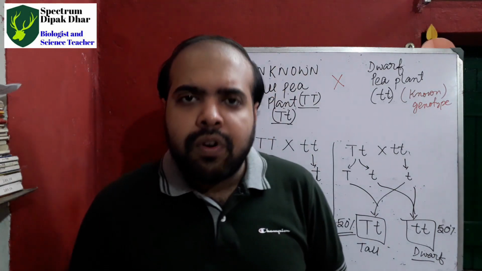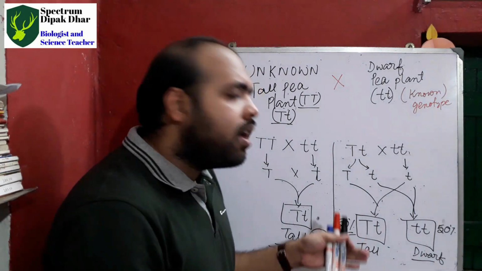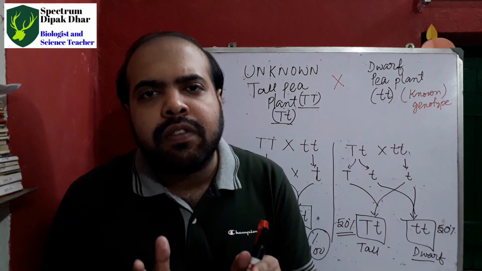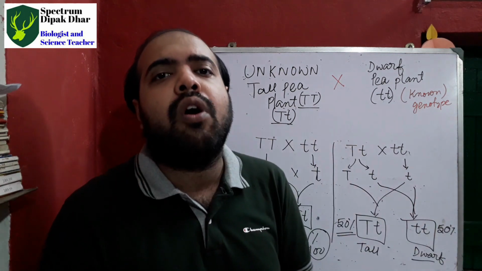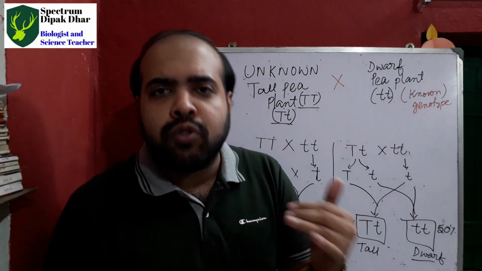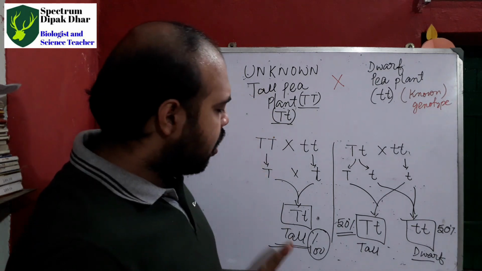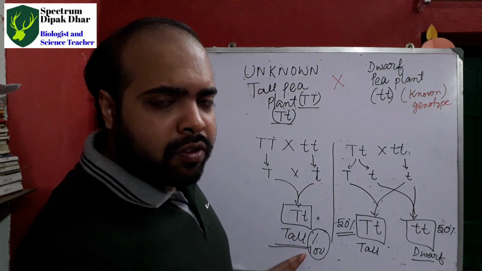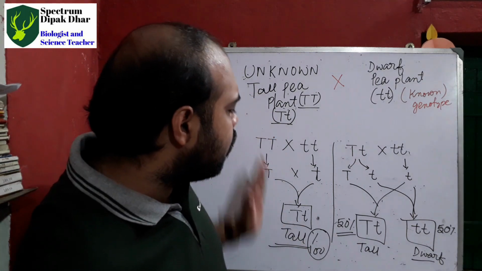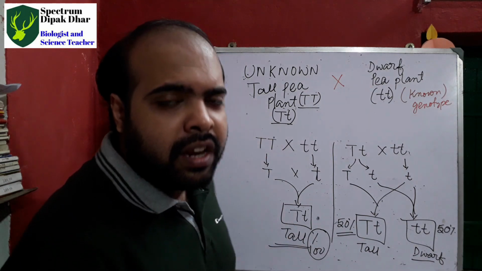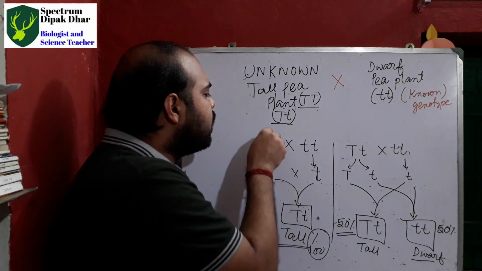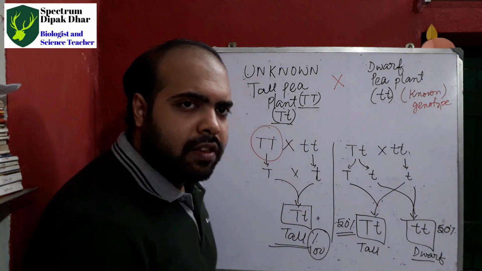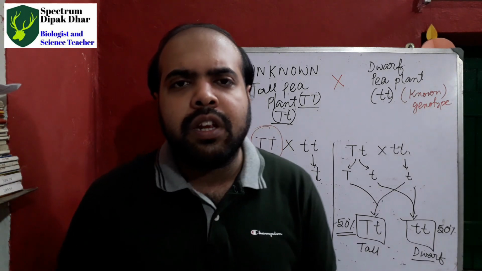If the F1 generation contains 100% tall pea plants, that is, 100% of the plants show the phenotype of the unknown genotype parent, then it is a homozygous, or pure, dominant genotype.